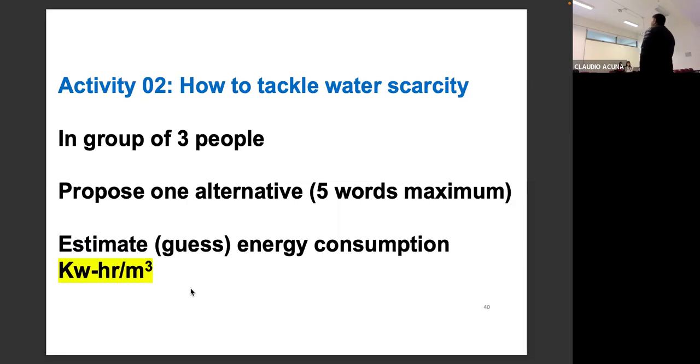today it is 3.2 kilowatt hour per cubic meter. It's the energy consumption to take 2 cubic meters of seawater and produce 1 cubic meter of potable water. So a 50% recovery. You cannot get more. 50% recovery, 3.2 kilowatt hour.